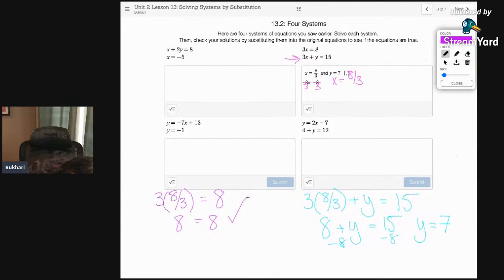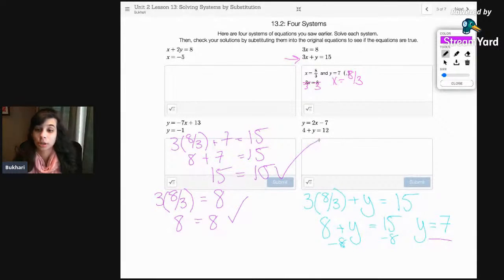Into my second equation, I have 3 times 8 over 3 plus what my y is, 7, equals 15. 3 times 8 over 3 is 8, plus 7 equals 15. 8 plus 7 is 15, which equals 15, and everything is good.